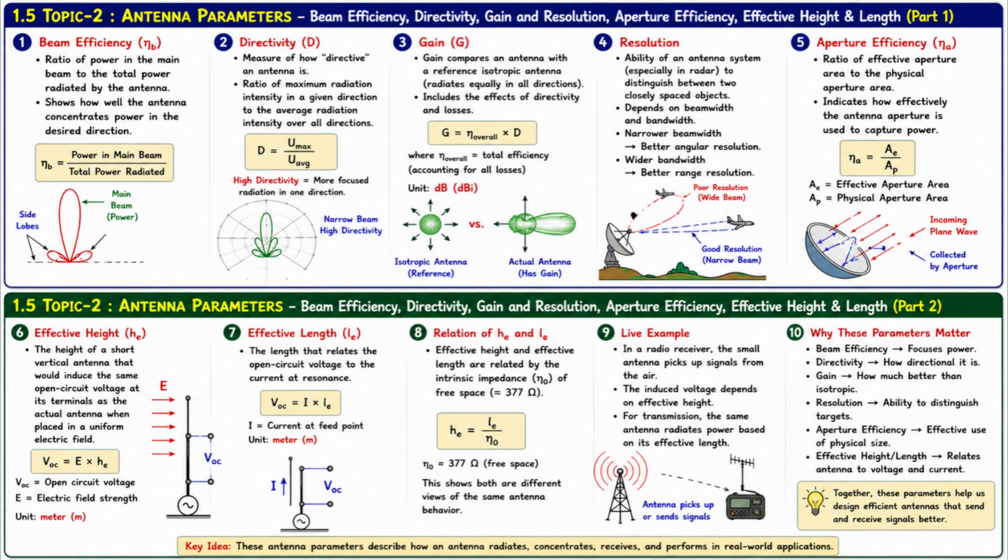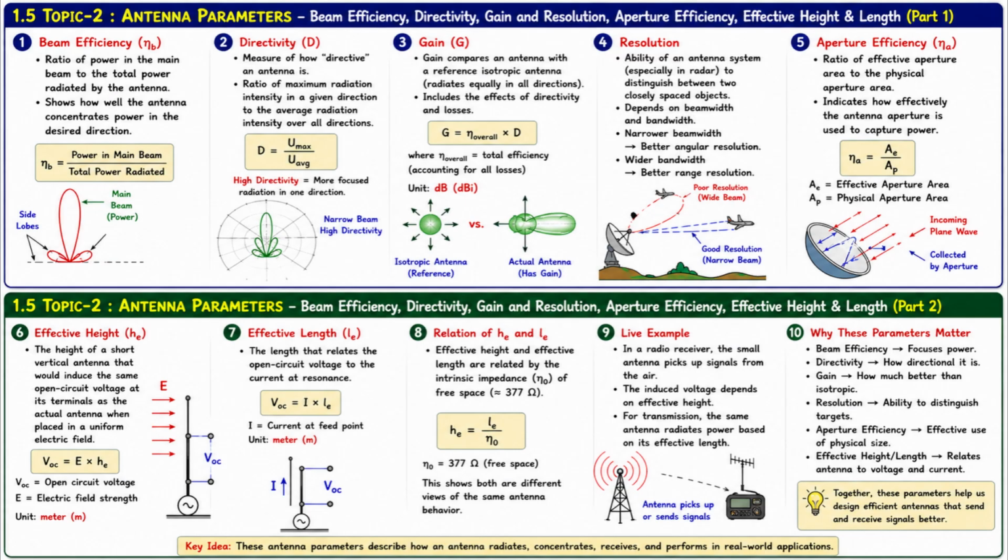Effective height or effective length shows how effectively an antenna receives voltage from a wave. Once again repeating, effective height means how effectively an antenna receives voltage from an incoming wave.